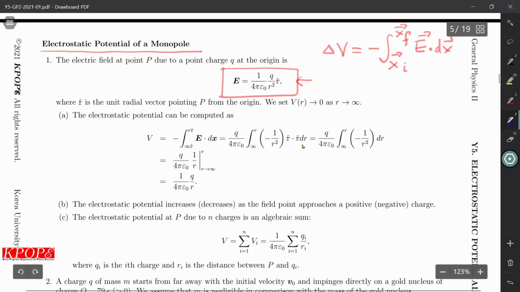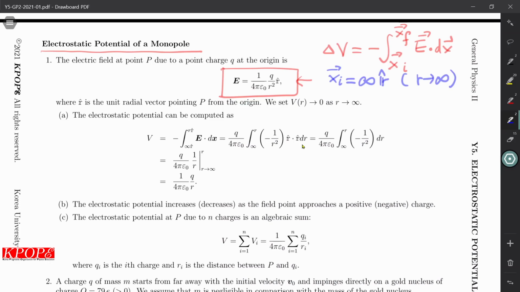As I told you, x initial is put at infinity in a certain radial direction, so r goes to infinity. As r goes to infinity, we choose V of r, limit r goes to infinity, equals 0.